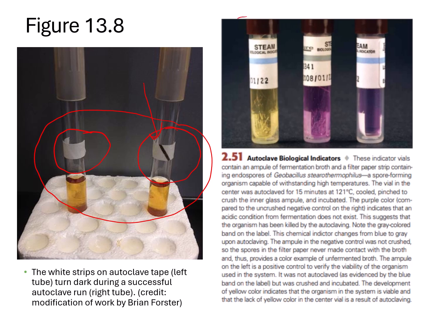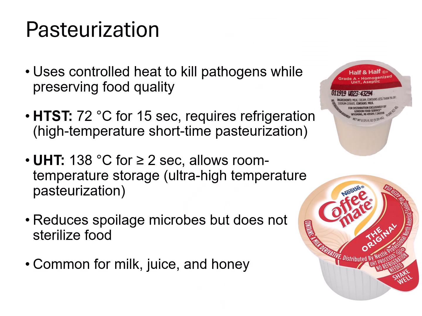On the right comes from our lab manual, so you read this for one of your reading quizzes. This is a biological indicator where we have endospores within an inner vial, and after autoclaving, if you break the vial and release the endospores, if there is fermentation of the medium, you know that it did not reach the required or proper temperature. So the autoclave was a type of moist heat.